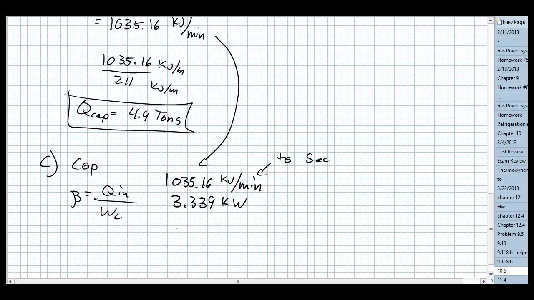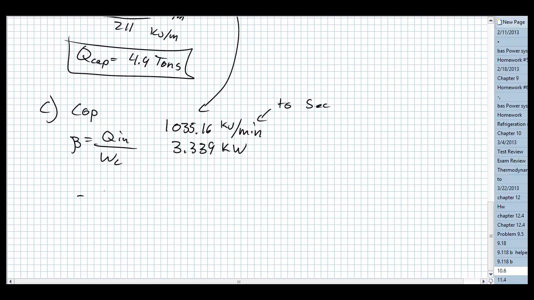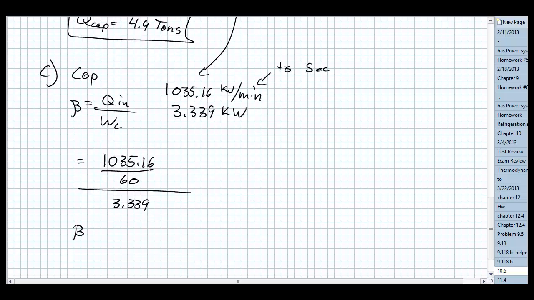We'd simply divide by 60. So I'm going to do that in the next equation: the heat in over 60, divided by the 3.339, and that will give us a coefficient of performance of 5.167.